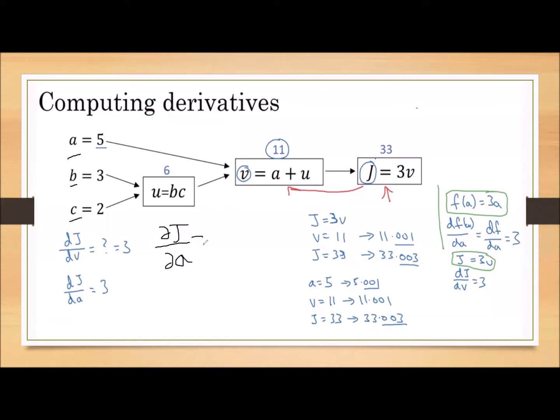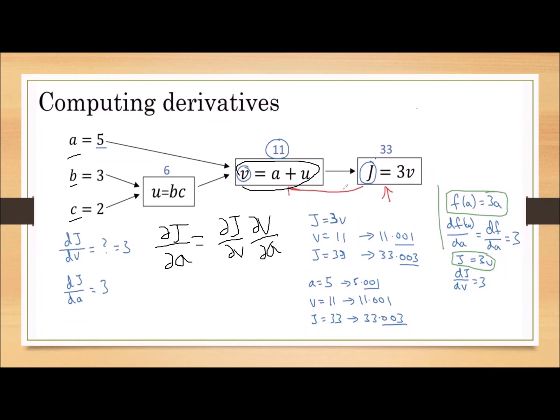To get dou j by dou a, v is equal to a plus u and j is equal to 3v. Because j directly depends on v, first I have to differentiate with respect to v, and then, since v is equal to a plus u, I can differentiate dou v by dou a.